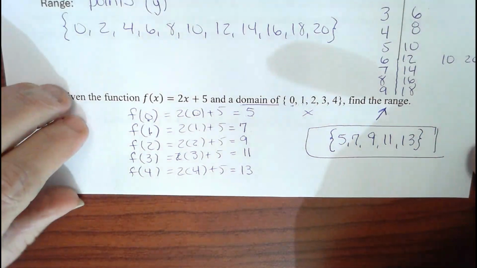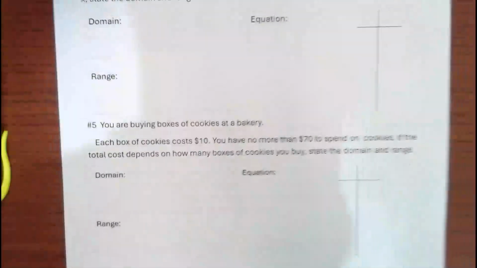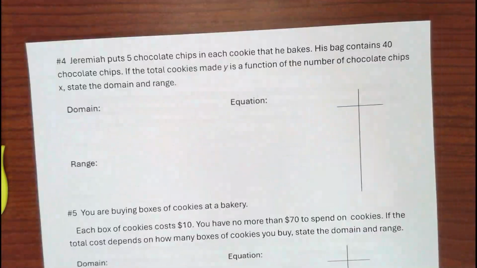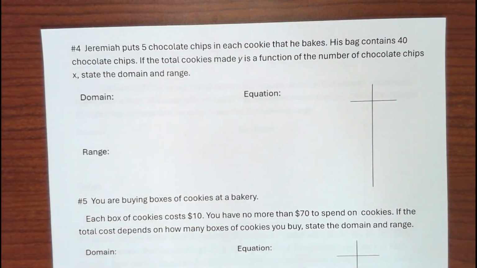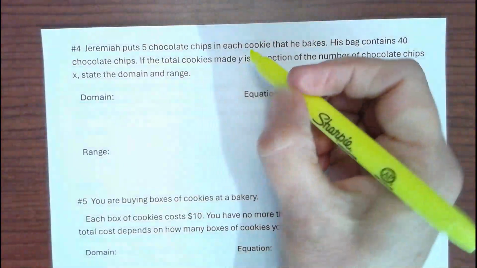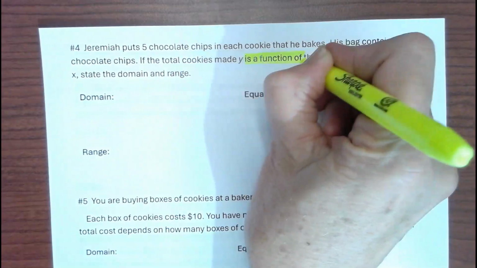Okay. So what I want you guys to do is the same thing here for these. What I'm going to do though to help you out is get you started a little bit. Notice here we've got the same stuff, is a function of.